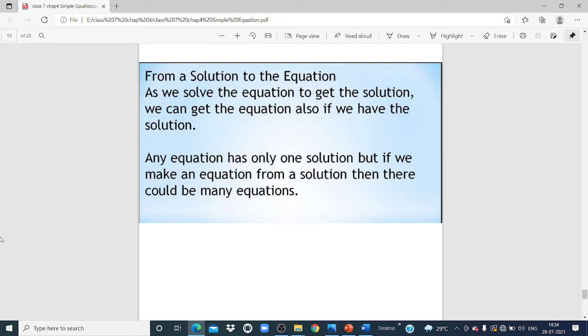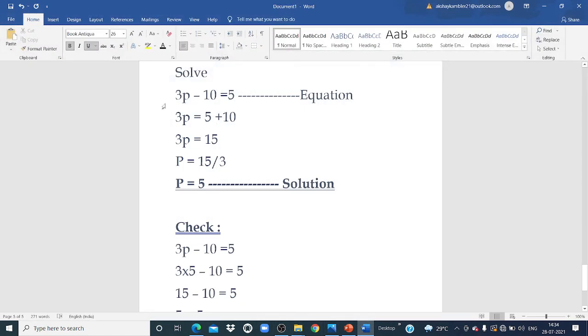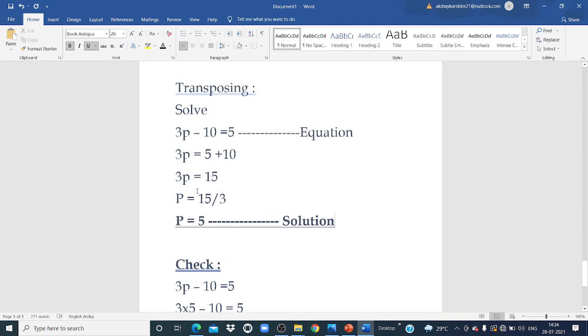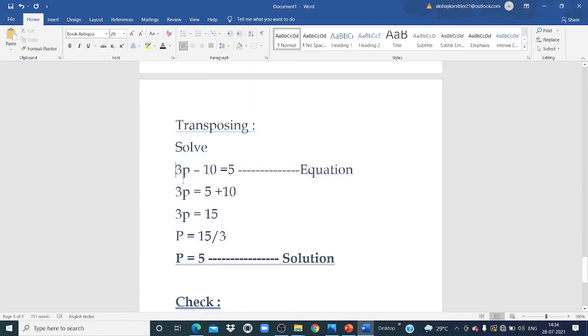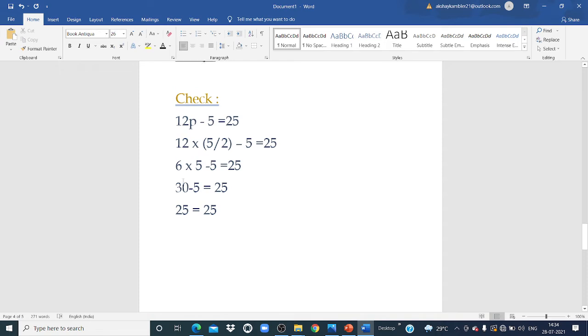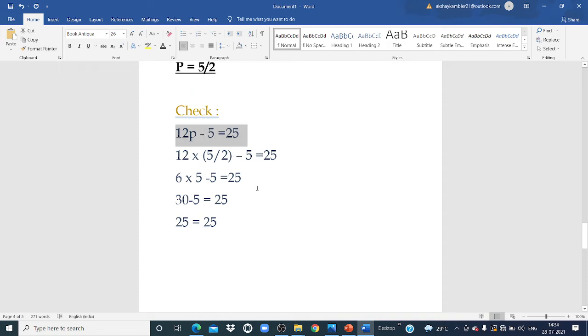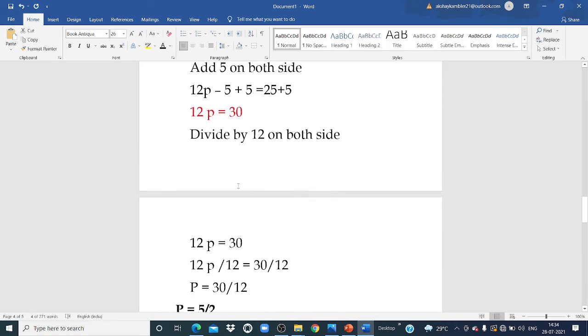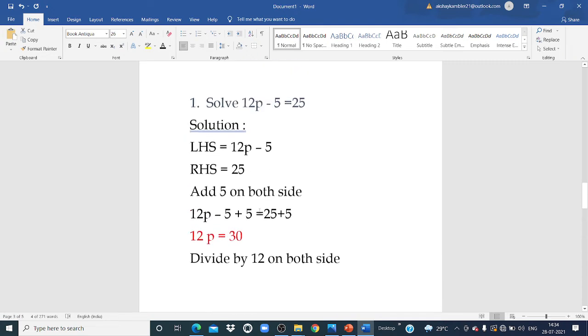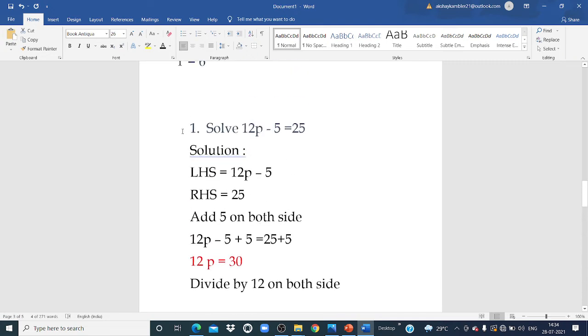Next point, an equation has only one solution. Every equation has only one solution. If you are thinking about this example, the equation is this. Where is your equation? Solve. This is your equation, right?